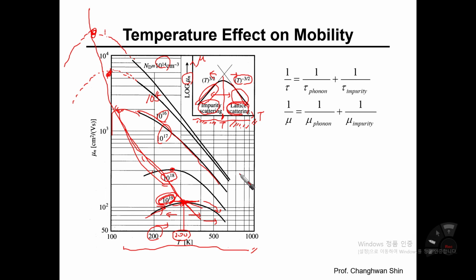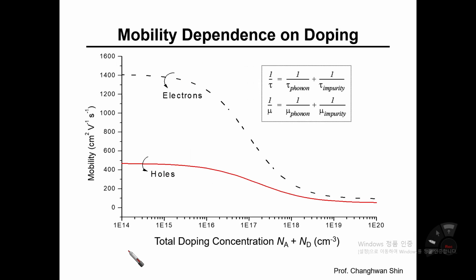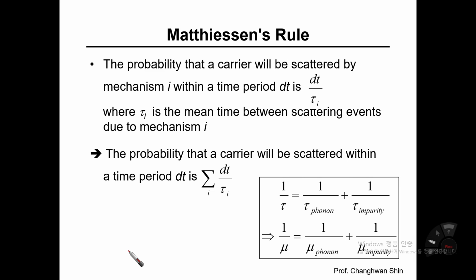Anyhow, this is the physics of temperature impact on mobility in silicon material. Now let's go back to this slide. We have studied mu phonon and mu impurity. How do we combine them? Can we simply sum those two values up?